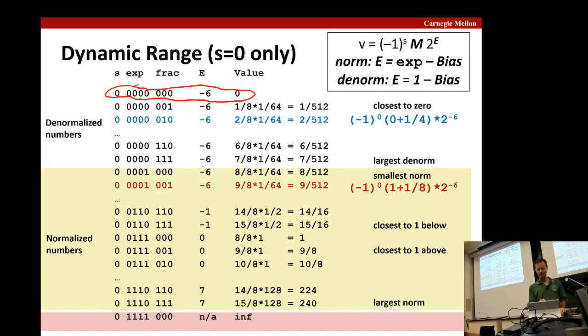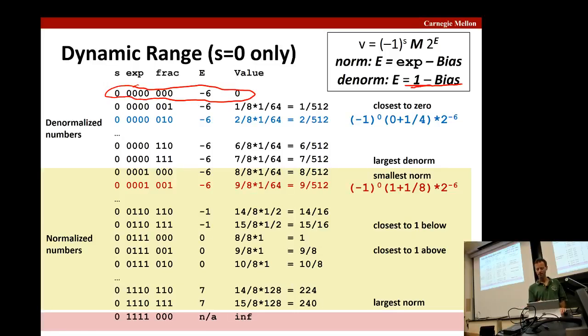And then in the denormalized range, which are all these ones here in the white background, you have all the possible choices for the fraction. But for each of these, the exponent, because we're in the denormalized case, is going to be 1 minus our bias. Since our bias in this case was 7, they're all minus 6.